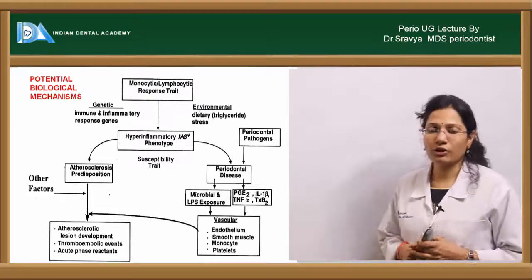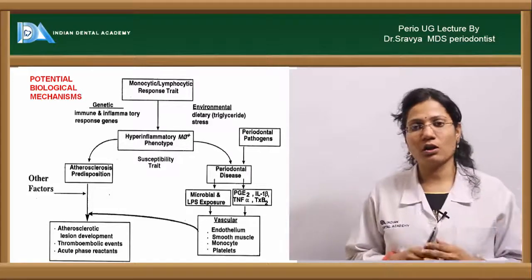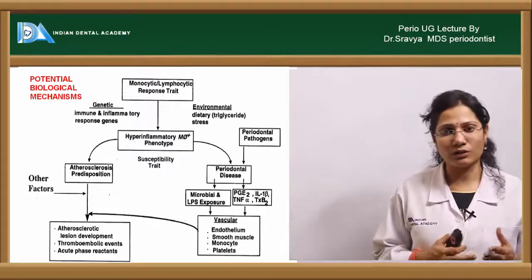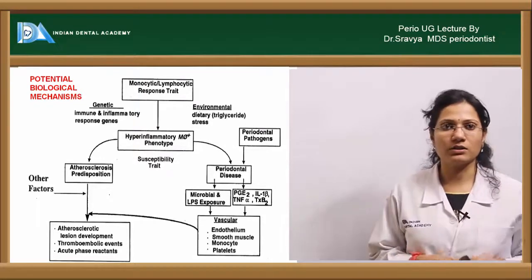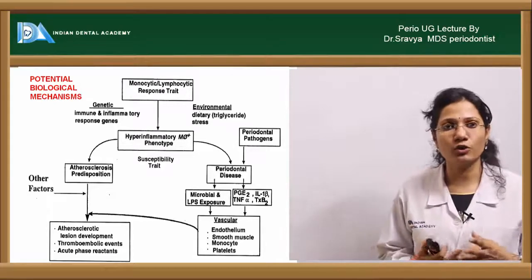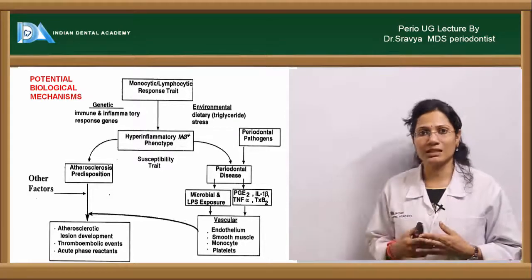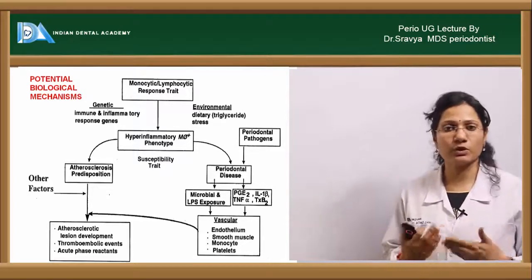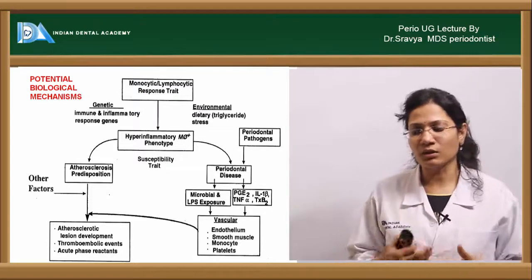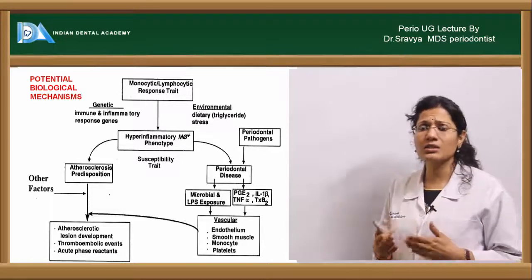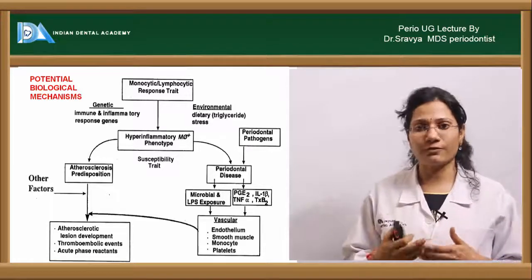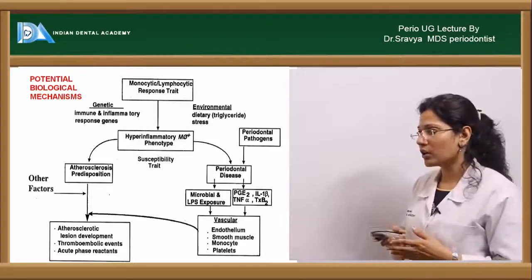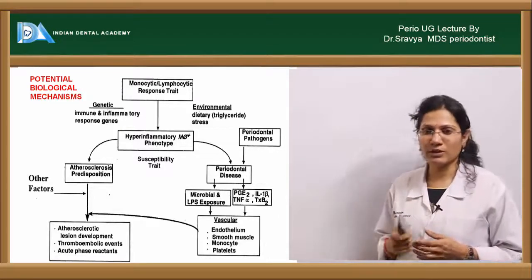What are the potential biological mechanisms that can link periodontal disease with atherosclerosis? Atherosclerosis and periodontal disease are both inflammatory diseases, so obviously there is involvement of monocytes or immune cells. Because of the chronic inflammation, the monocytes are under constant pressure, constantly in an active phase producing lots of inflammatory mediators.